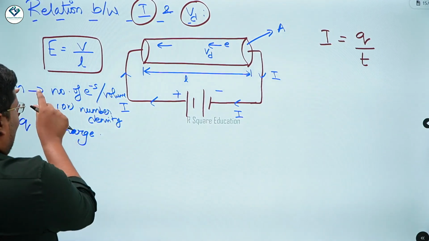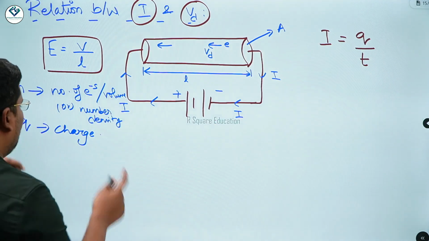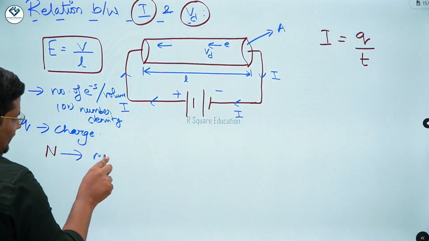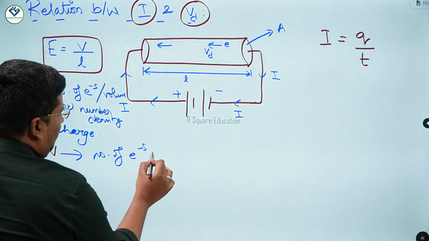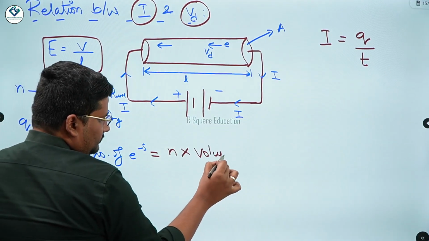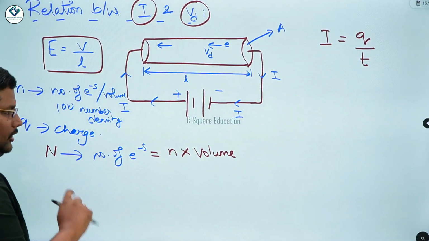So we have taken the number of electrons per unit volume as n, correct? Now I want to know capital N, which is nothing but the number of electrons. This can be written as number density into volume, right? Because if I multiply the per unit volume quantity by the volume, I will obviously get this.